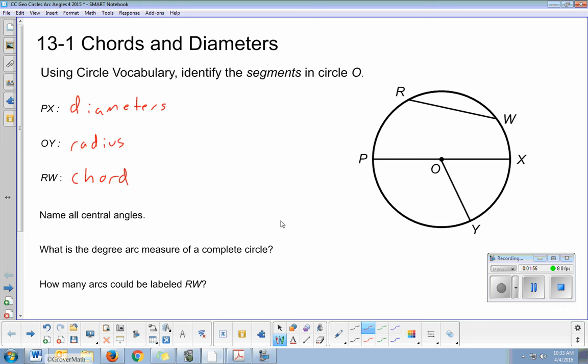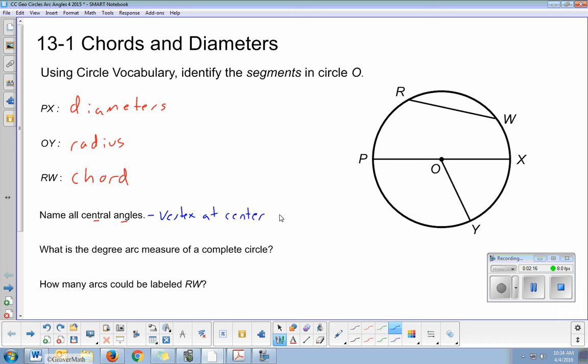And then we have special angles called central angles. A central angle is an angle where the vertex is at the center of the circle.